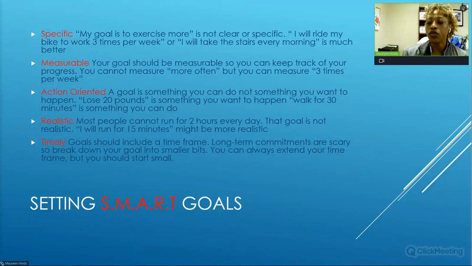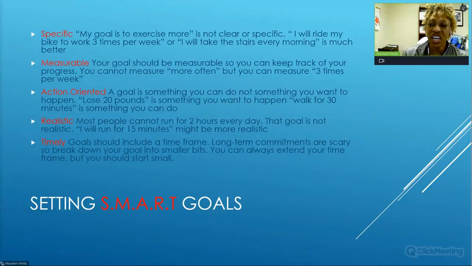Realistic. So when you're setting your goals, and we're going to get the opportunity to practice this, by the way, you want to be realistic, and I get it. We all want to be ambitious. We want to try and strive for the stars, but make sure it is something that is attainable, right?